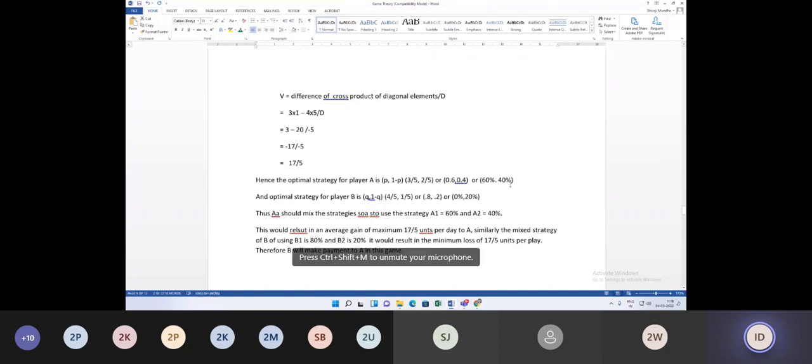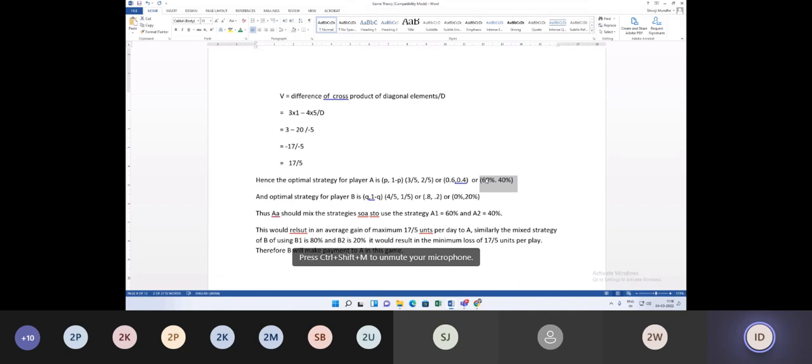It means there is a 60% probability to select strategy A1 and a 40% probability to select strategy A2. Are you getting or not? The optimal strategy will be decided depending upon this percentage: 60% says that we can select the A1 strategy, and 40% says select the A2 strategy.